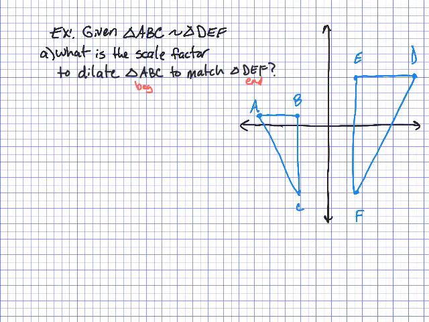I can take any pair of corresponding sides. AB is going to correlate to DE, so DE is 1, 2, 3, 4, 5, 6. DE is the end, so it's going to be 6 over 4, reduced down, that's 3 over 2. That's the scale factor to carry AB to DE.